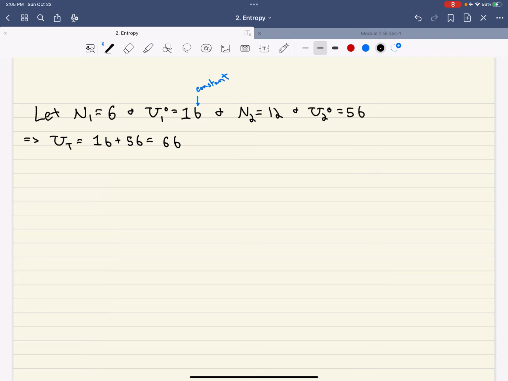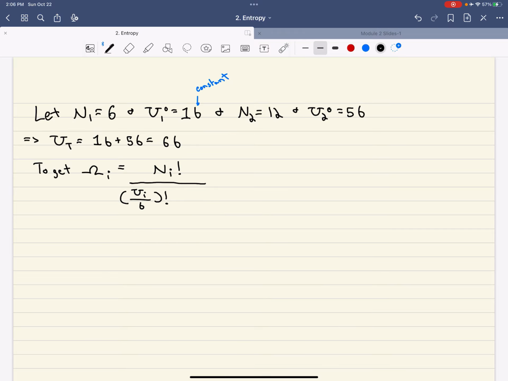And so, in general, to get the number of microstates for either system 1 or system 2, it would follow this equation. Right? We have the total number of molecules in that subsystem divided by the number of molecules in that state. And the way I'll express that is I'll take the internal energy and divide it by b.